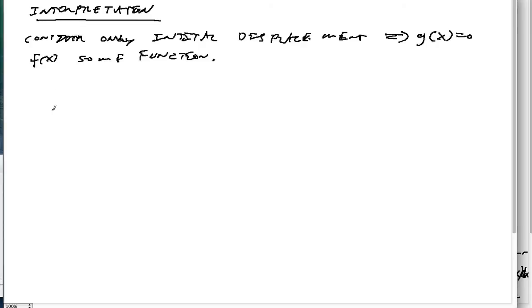So what do I mean? That means the solution is going to be u of x comma t. When g of x equals 0, that also implies, of course, that the bn's are all 0. So that makes our solution a lot simpler.